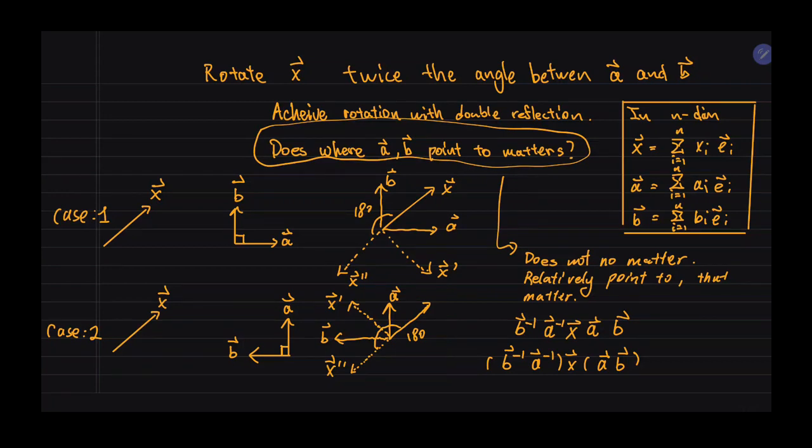So this is the expression in geometric algebra for how you rotate a vector by twice the angle from a to b. And generally, people refer to this thing as a rotor.